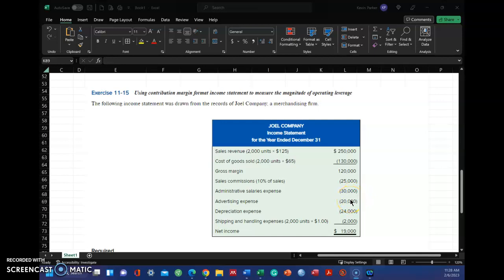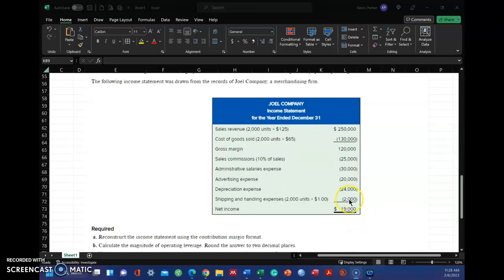Advertising, Facebook or TV, radio ads, whatever. Depreciation expense. This depreciation expense is not a product cost. It's not on manufacturing. This depreciation expense could be on the administrative office building, for example. And then shipping and handling expenses, $2,000, right? And they are treating that shipping cost as a selling item.